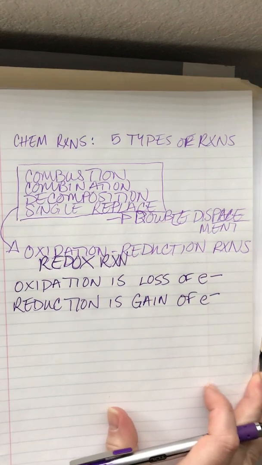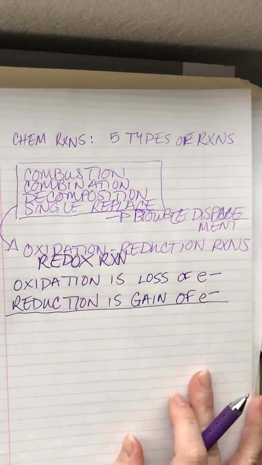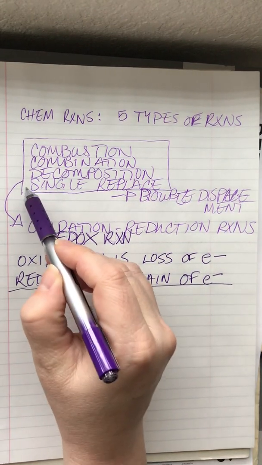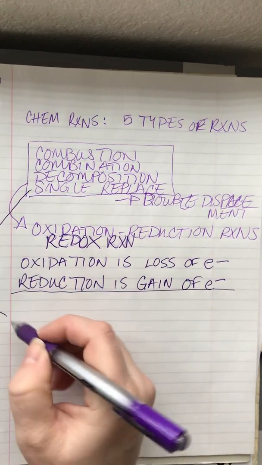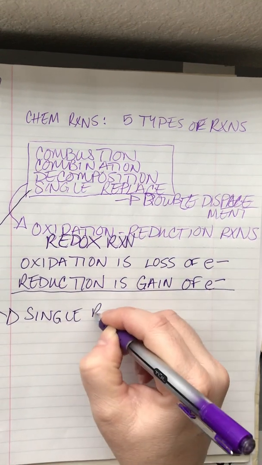Okay, so when we're talking about oxidation and reduction reactions, I think there's a couple of reactions that make it easiest to see what we're talking about. So the first one I'm going to talk about is single replacement.